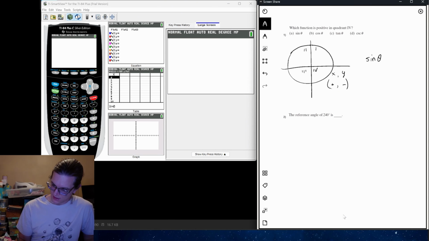Well, sine we know is y over r, and y is negative in the fourth quadrant. So essentially we're going to have a negative over a positive radius, because the hypotenuse or the radius is always positive, as we've discussed. There's no negative radius.